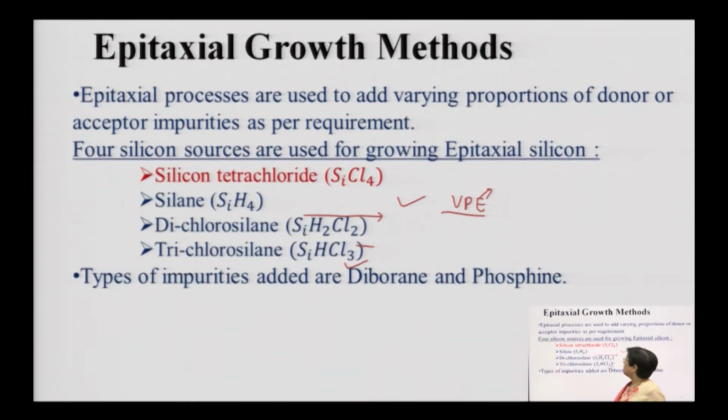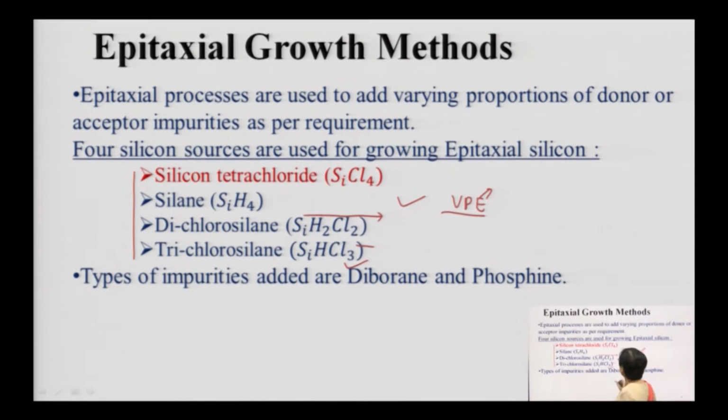Now, how is this particular growth initiated? What are the basic ingredients or starters which initiate this process? There are 4 basic materials which are used: silicon tetrachloride, silane, dichlorosilane and trichlorosilane.